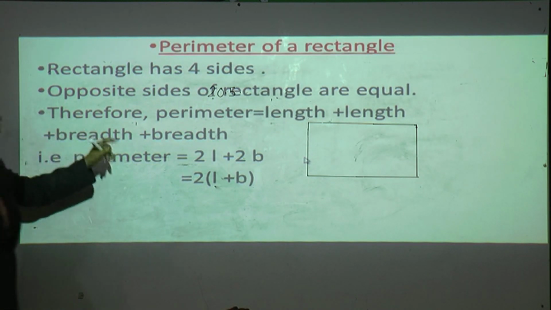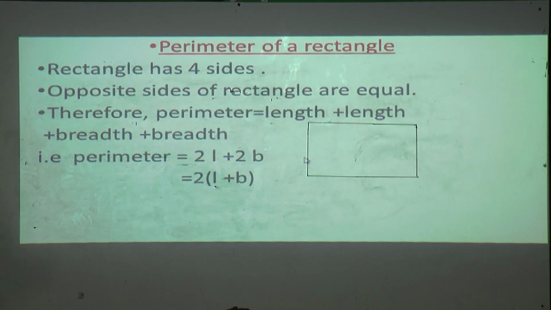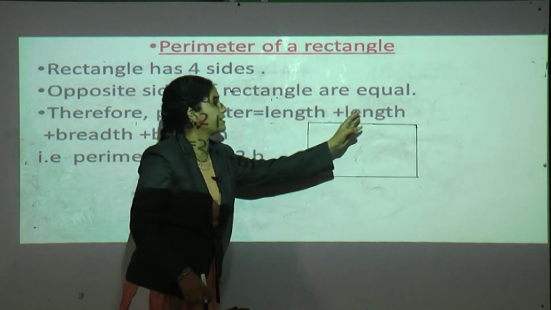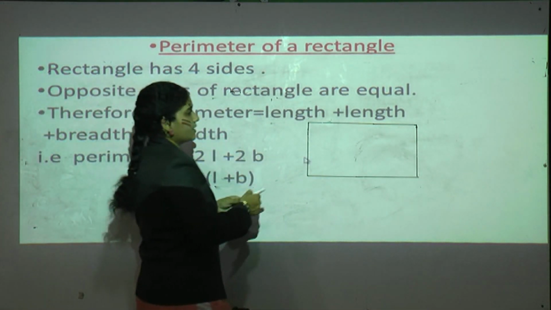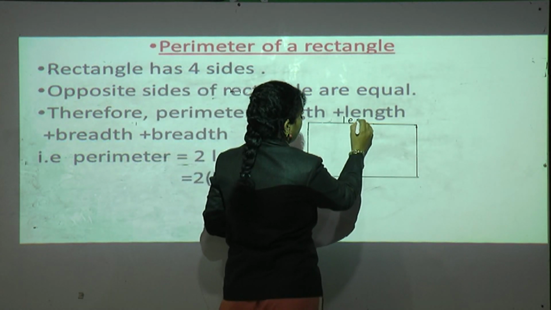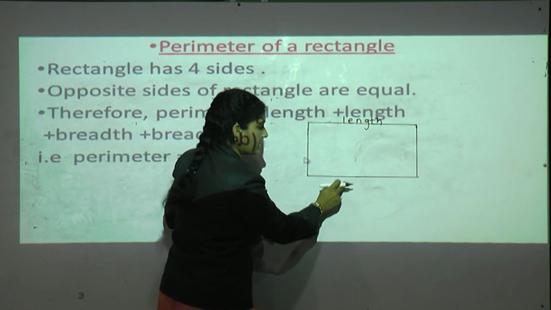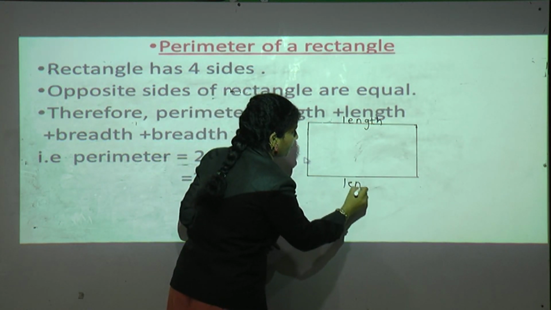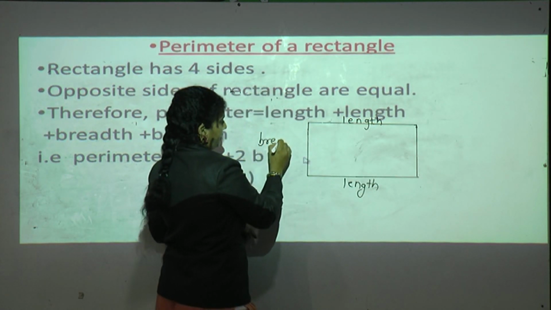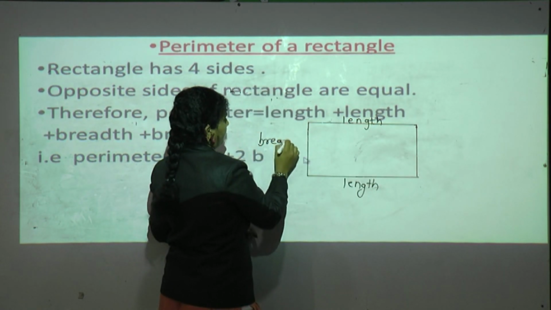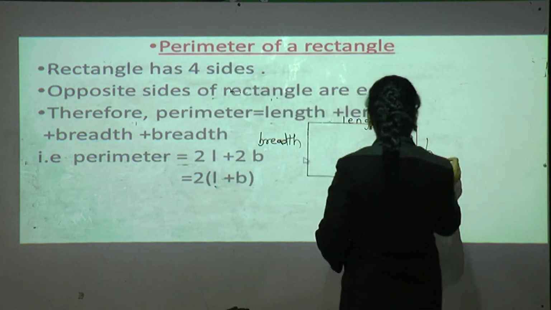So therefore the perimeter of a rectangle is equal to length plus length plus breadth plus breadth. Here it is the length of the rectangle. Opposite sides are the same, so here also length, and this one is breadth, here also breadth.